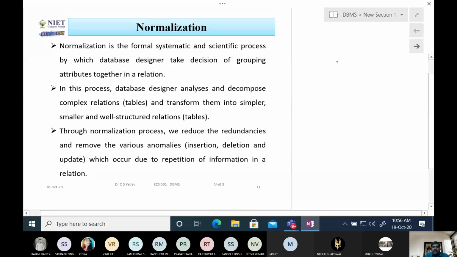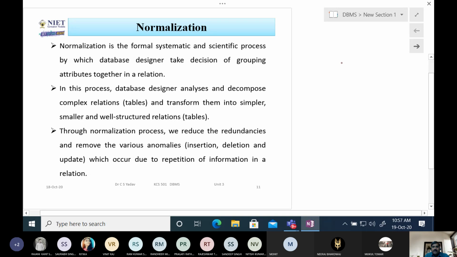And in this way, we group the various attributes in different tables. But it is a scientific process, so there are various normal forms by which we decompose the complex relations into smaller, simpler and well-structured relations to reduce the redundancy and remove the various anomalies.